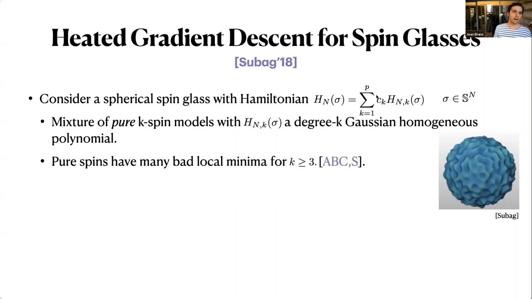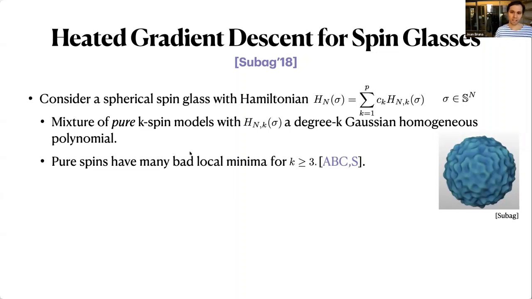These coefficients Ck are drawn i.i.d. Gaussian. I can consider what's called a pure spin or a mixed spin. A pure spin would be a homogeneous polynomial, so all the terms have the same degree. And for a mixed spin, I have a linear combination of pure spins with different coefficients. These are the coefficients that I described here.